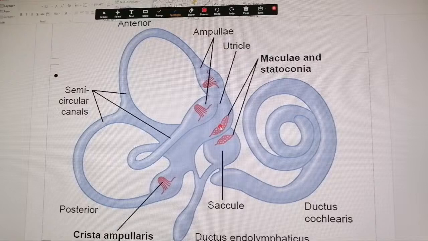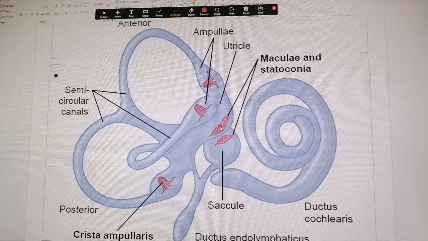So just a thought. The saccule would tonically discharge then. Yes, both have macula and statoconia. Macula is the receptor part, statoconia. When we say normal standing, we mean that there is no acceleration, so there is nothing to detect.